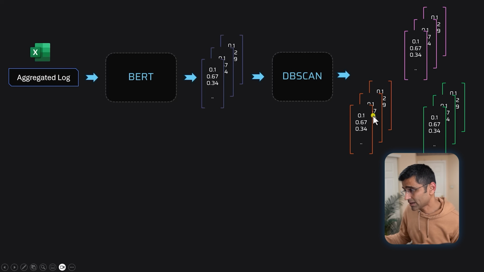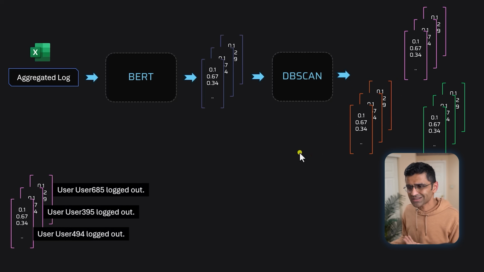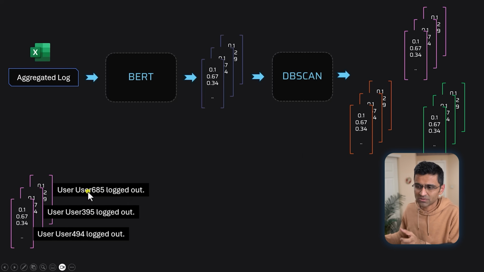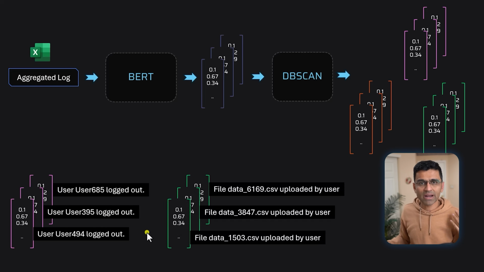So we'll use the DBScan algorithm to form clusters of all our logs. And these clusters, when you examine them, you will see this kind of text, user 685 logged out, 395 logged out. And by examining these clusters, you can come up with all types of regular expressions.